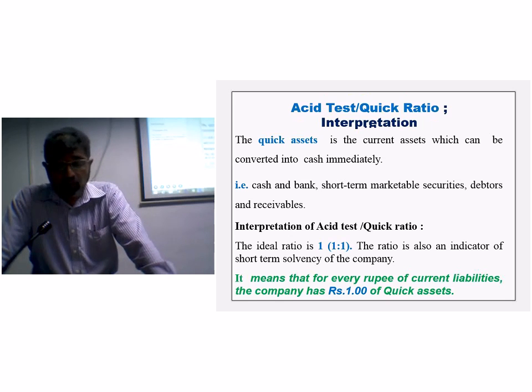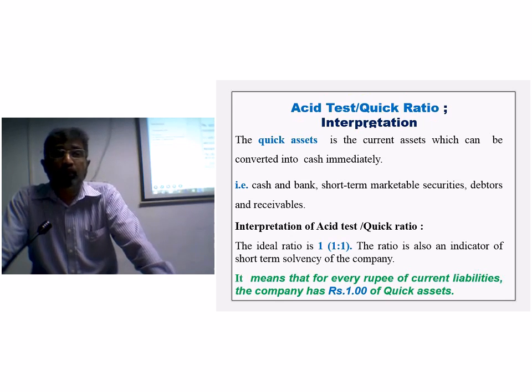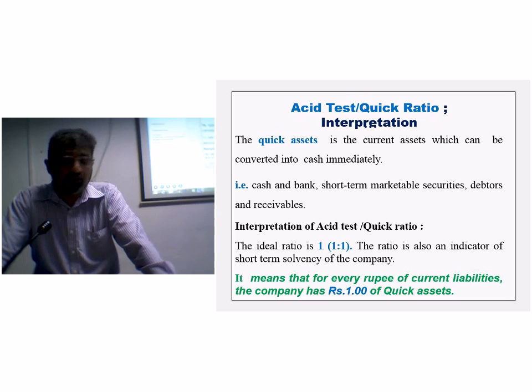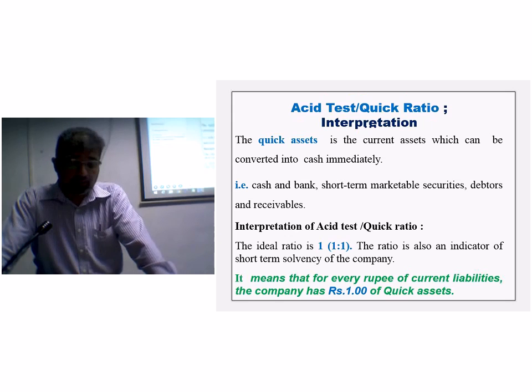Again, we cannot say this is the ratio which every organization should maintain. That depends on the nature of the business, the nature of the customers or the debtors and creditors. All are very important in determining it.